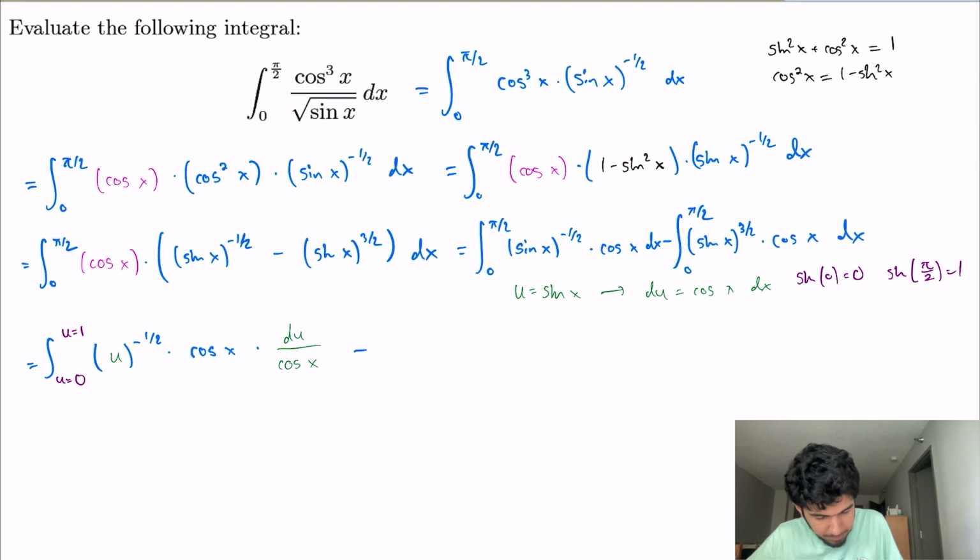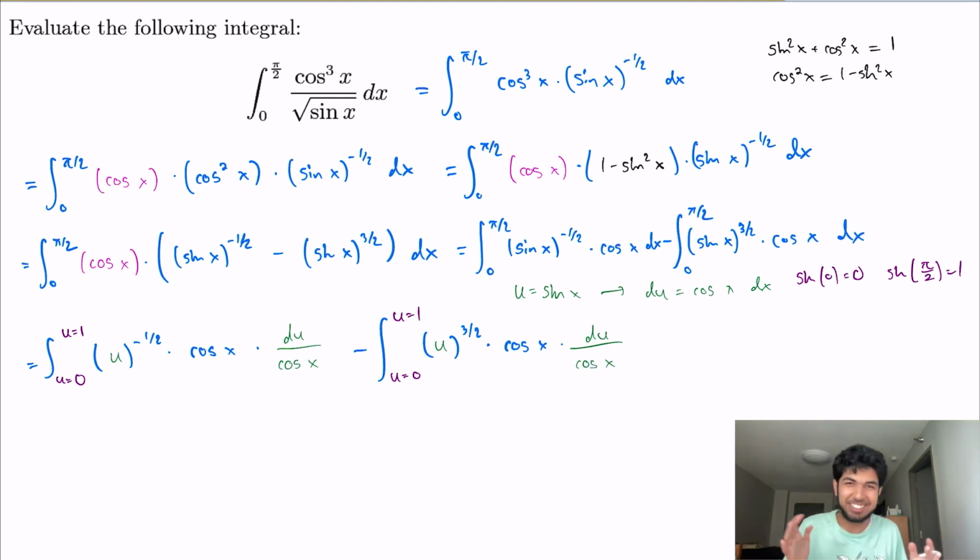And then we subtract from that the integral from u equals 0 to u equals 1 of u to the 3/2 power times cosine of x times du over cosine of x. There's a lot of colors going on, which makes it super hard to write, but I hope that clears things up, where the green color is what we did with the u-substitution, the blue color is from whatever was from before, and the purple are our limits.